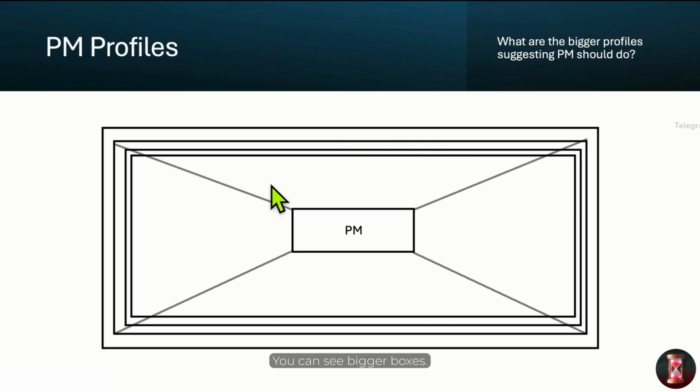Around this PM session, you can see bigger boxes. These bigger boxes showcase bigger profiles. These bigger profiles determine how the smaller profile, the smaller cycle, so to say, is likely going to deliver. Meaning, it's all connected. The smaller cycles are connected to the bigger cycles, and the bigger cycles are connected to the smaller cycles.